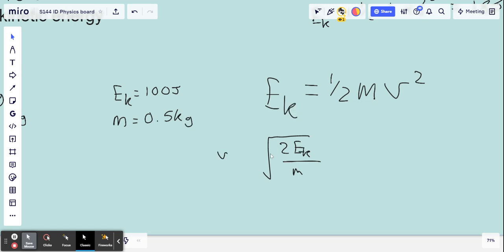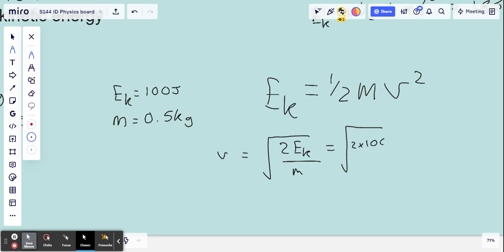And then I can do another equal sign and say that that's equal to the square root of 2 times 100 divided by 0.5. So that's equal to the square root of 2 times 100 is 200, divided by 0.5 is 400.